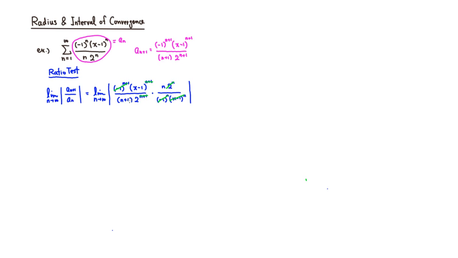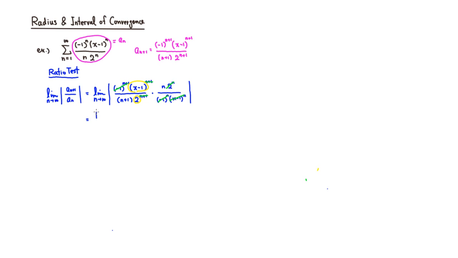What you get is, let's see, some things are just constant. For example, 2 is a constant, and x minus 1 is also a constant because it has nothing to do with n. So we can pull those out.